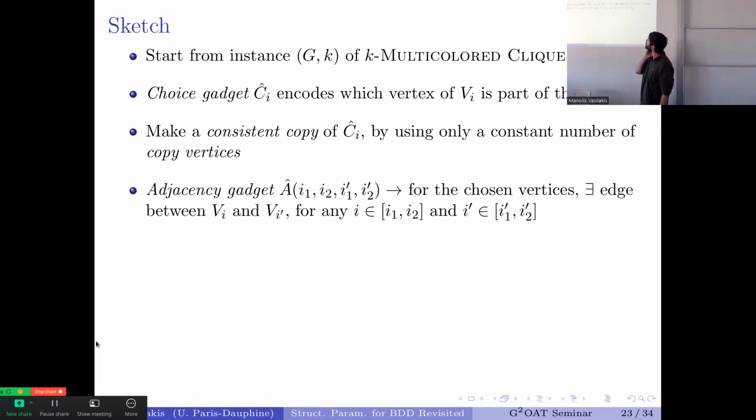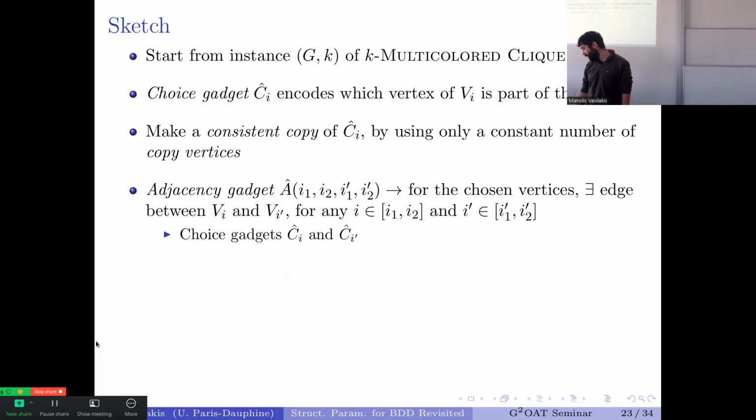The idea is that we want to check whether the choice in the independent set V_i is connected with the choice in the independent set V_i', where i and i' run through these values. So this is what we try to show.